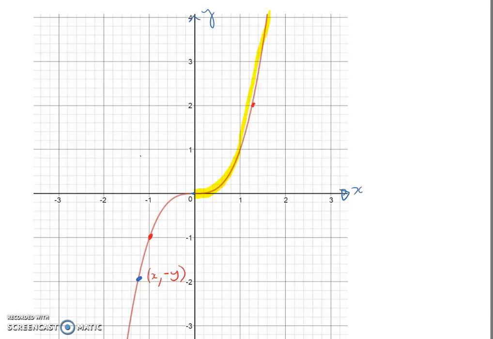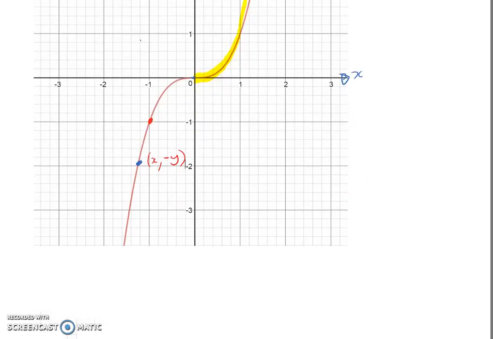Okay, so let's show what that means with your function notation. So if you substitute in an x value, let's see what happens.